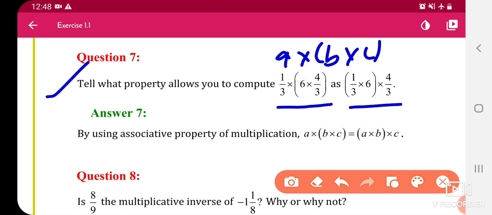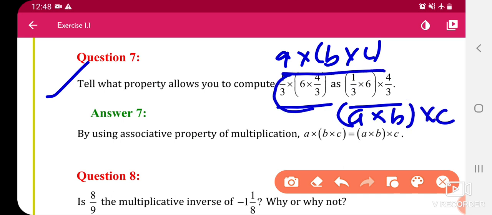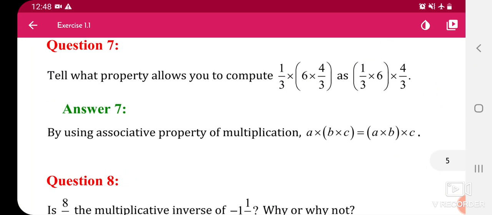So 1 upon 3 is A, 6 is B, and this one is C. This is the associative property of multiplication: A multiply B bracket C equals A into B bracket outer side of C. That means here we are using the associative property of multiplication.